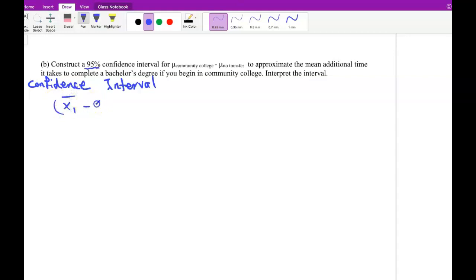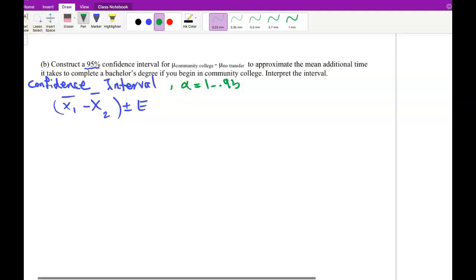We need to find the T. And what we had at alpha based on what we have here, confidence. So 95% confidence interval for these two groups. Alpha is 1 minus 95%. So alpha is 5%.